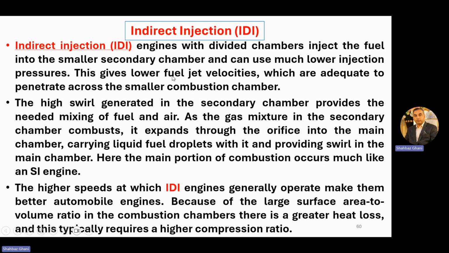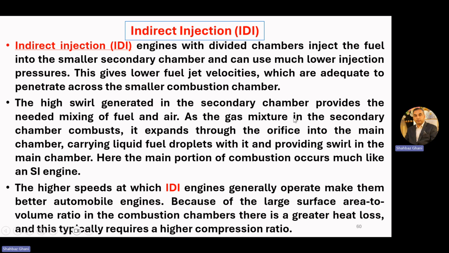This gives lower fuel jet velocity, which is adequate to penetrate across the smaller combustion chamber because the secondary chamber volume is very small. So we require very low fuel jet velocities, which are adequate to penetrate across the small combustion chambers. The higher fuel velocity generated in the secondary chamber provides the needed mixing of the fuel and air.